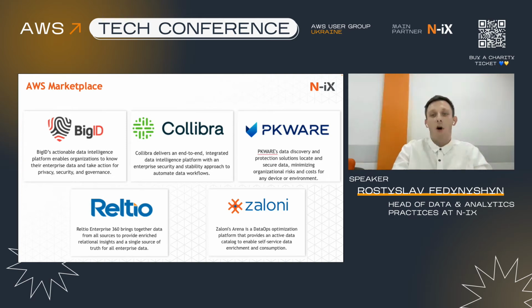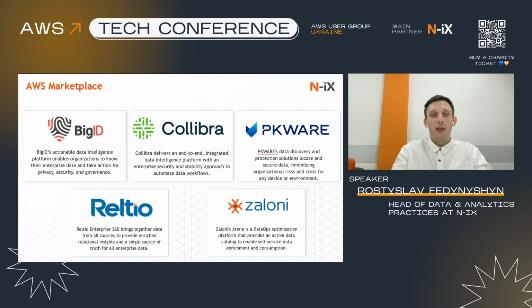This platform is open and extensible, but you should pay additional money for the license. The main products include a data governance tool, which helps enterprises understand and find meaning in their data. Clearly, it's a data catalog, which empowers business users. It's also a data privacy product and data lineage.